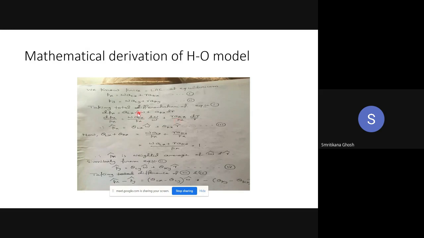These are denoted as theta LX and theta KX. So I can write this differentiation equation as PX hat is equal to theta LX W hat plus theta KX R hat. So this is called equation 3.